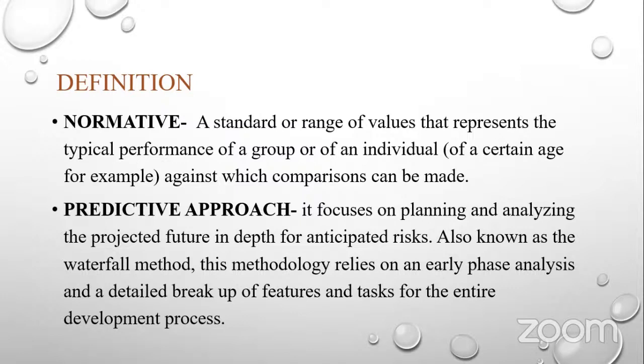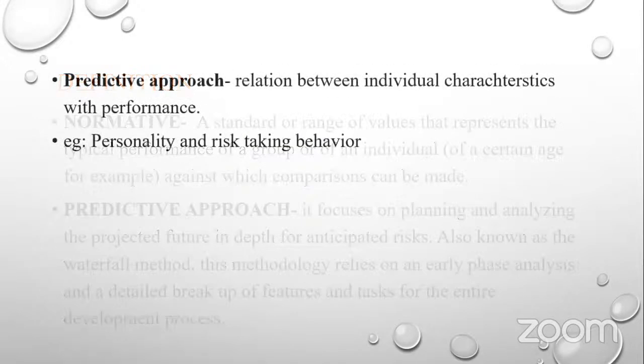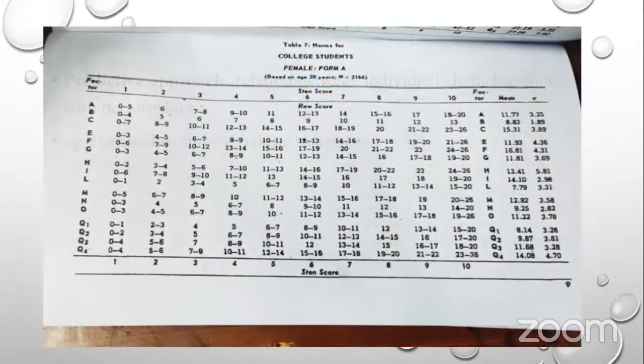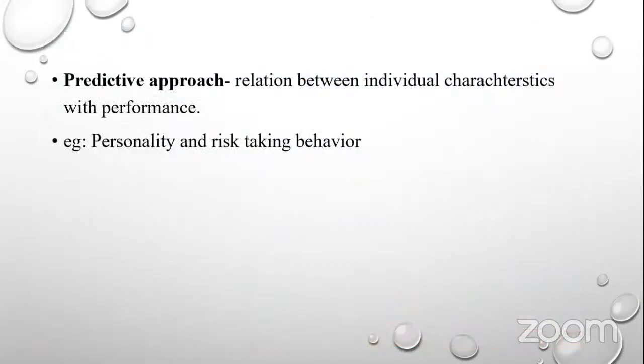So these two definitions you can learn for the purpose of learning definitions, but you can follow this one for understanding. That means the normative approach is classification based on norm, and the predictive approach is the relationship between individual characteristics along with the performance.